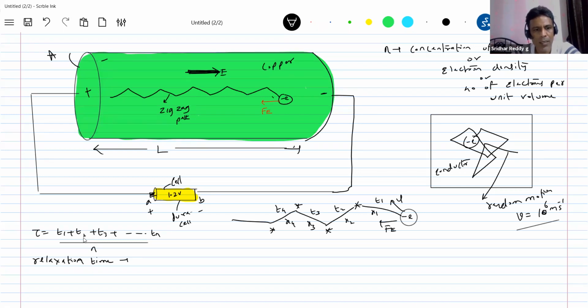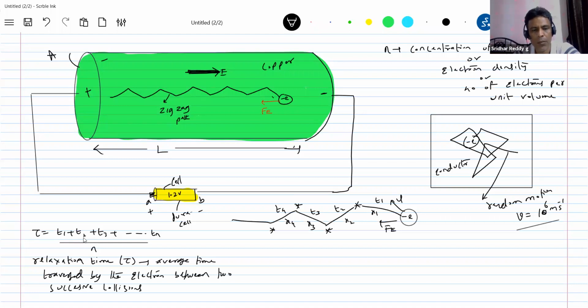The symbol tau is the average time traversed by the electron between two successive collisions.